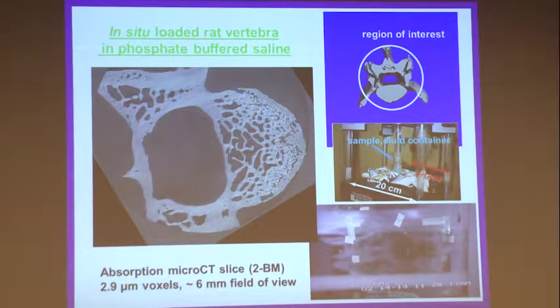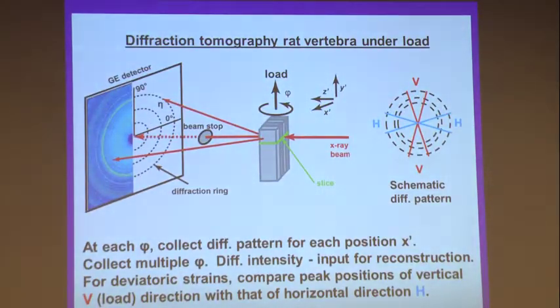Now, while talking about scaffolds and the spine, I wanted to change directions a little bit and talk about a slightly different application of position-resolved diffraction. Here we have a vertebral body, and something we're doing in situ loading at sector 1, and this is just a picture of that. What we want to do is diffraction tomography.